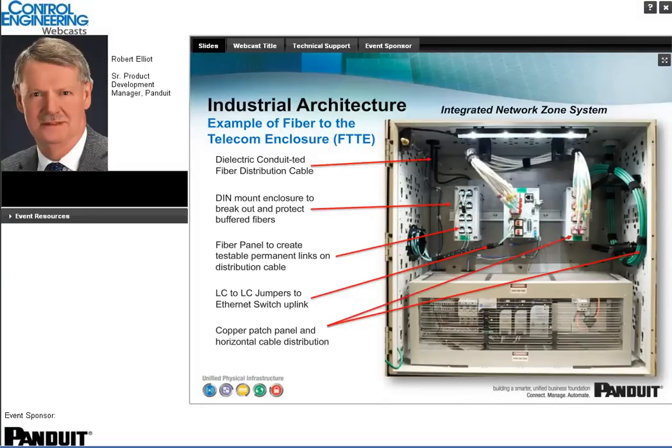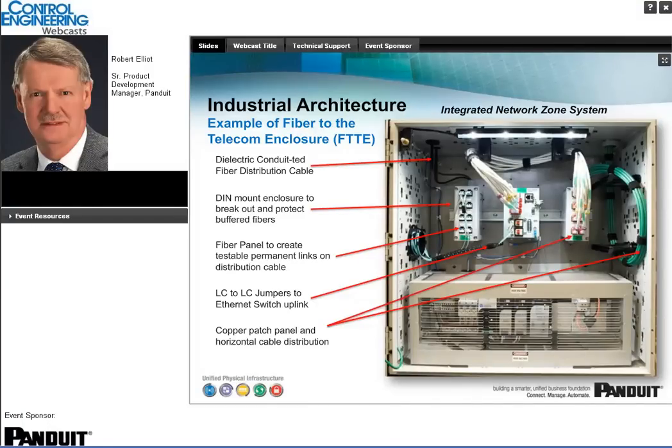Dielectric clad fiber is led in through effective slack management and then led to the network switch. From the network switch here, you'll see the white patch cords, copper patch cords that are used, that go into the patching solution on the right-hand side, again, all 3 devices are mounted onto that DIN rail.